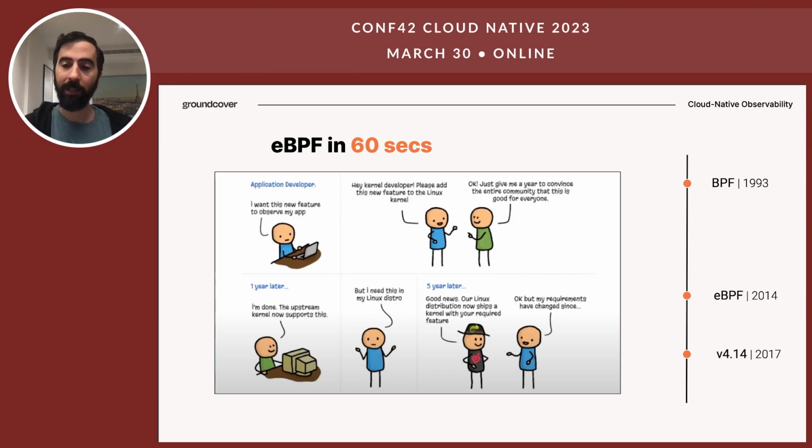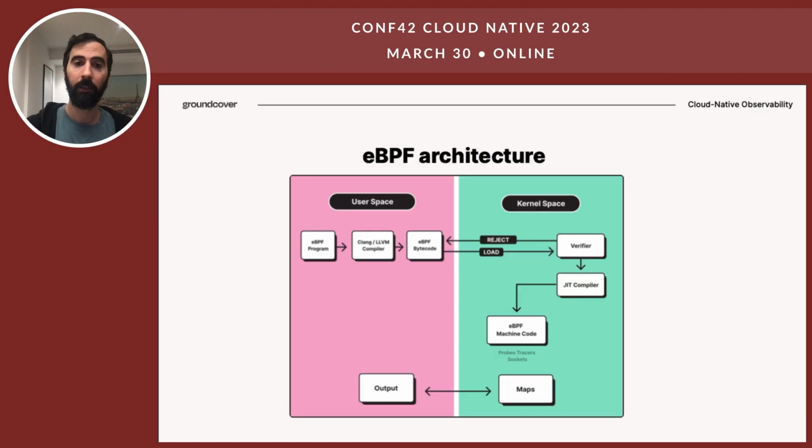And around 2017, with kernel version 4.14, that's where things really peaked, and a lot of the modern features of eBPF reached a maturity point where we can actually do things like deep observability using eBPF.